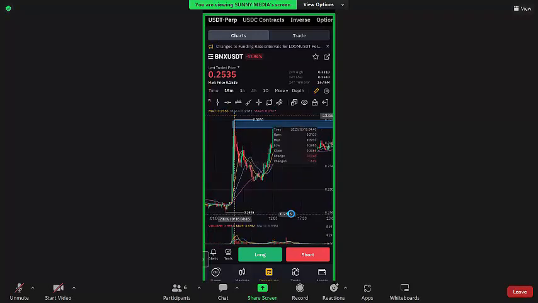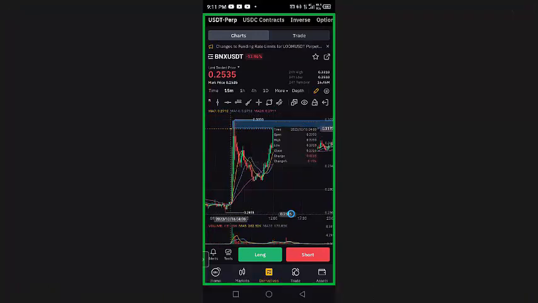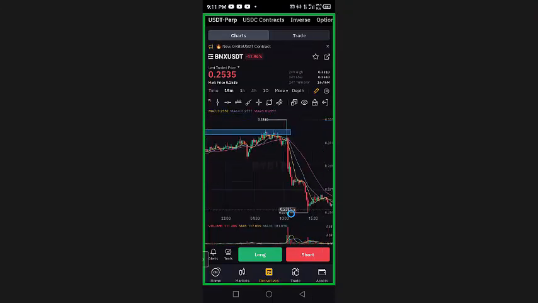This first one, which formed here, is what made me set the limit order upon the recovery which happened here. The recovery is this zone here.